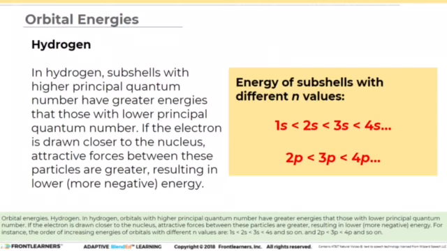For instance, the order of increasing energies of orbitals with different n values are 1s is less than 2s, 2s is less than 3s, 3s is less than 4s, and so on. And 2p is less than 3p, 3p is less than 4p, and so on.